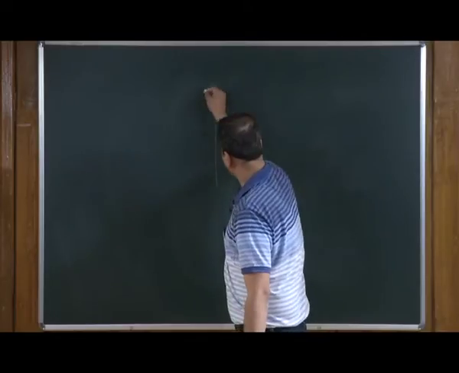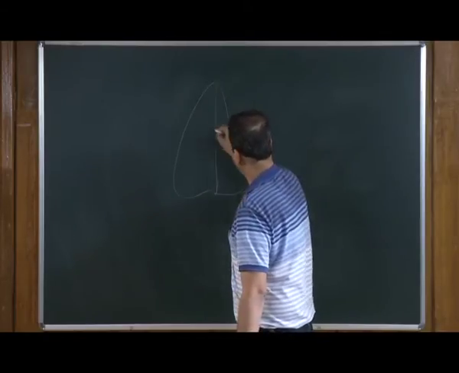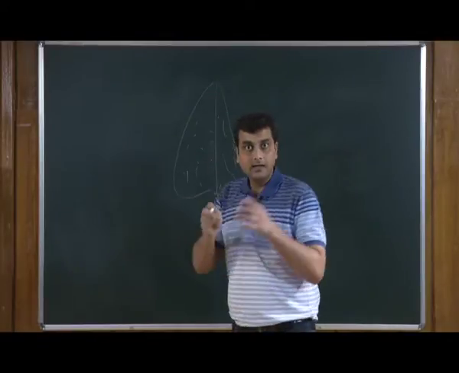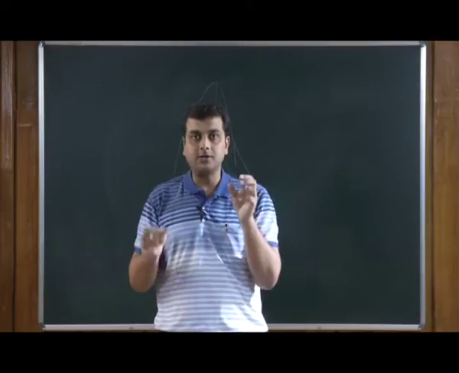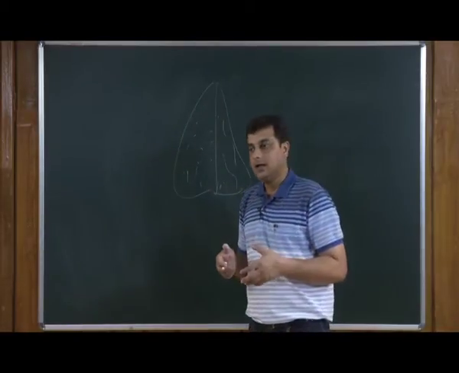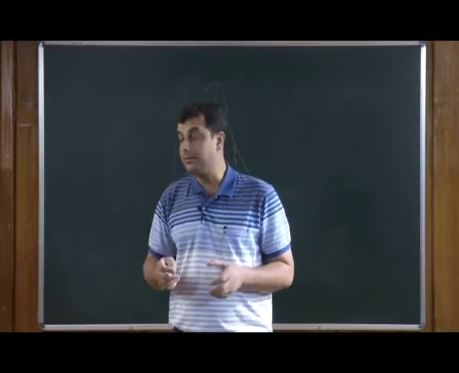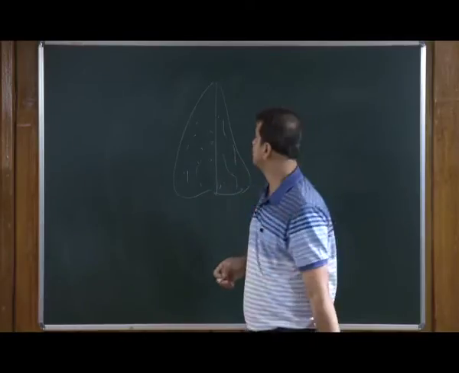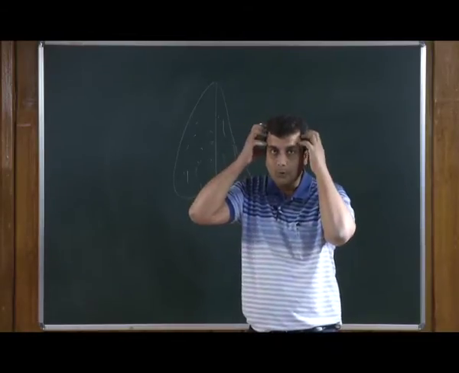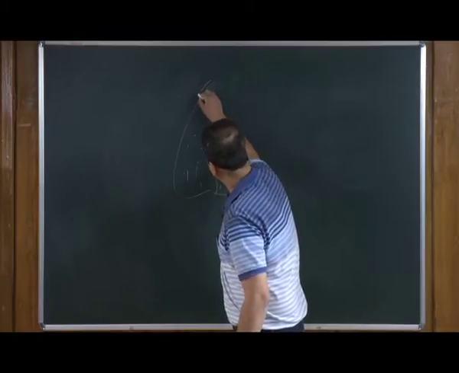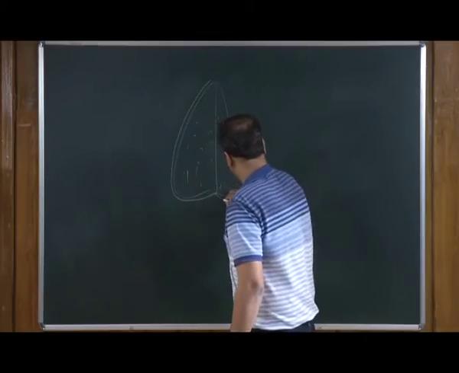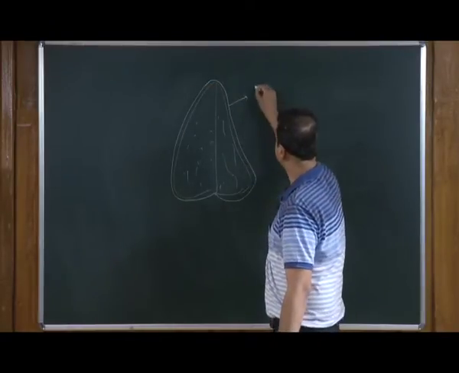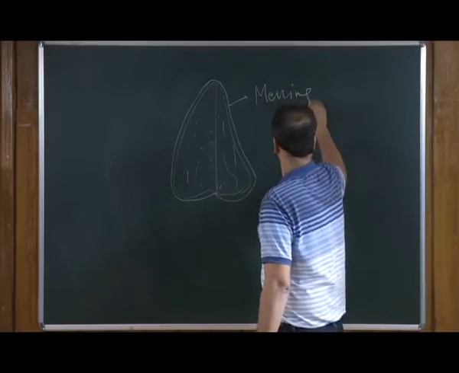Suppose we draw a rough brain. Suppose this is brain tissue. This brain is also a very, very delicate organ, because any injury can lead to fatal consequences in a human being. That is why it is covered under such a hard bony structure. But apart from this hard bony skull, you have another covering that protects the whole brain nicely from any external injury, and this outer covering of the brain is called meninges.